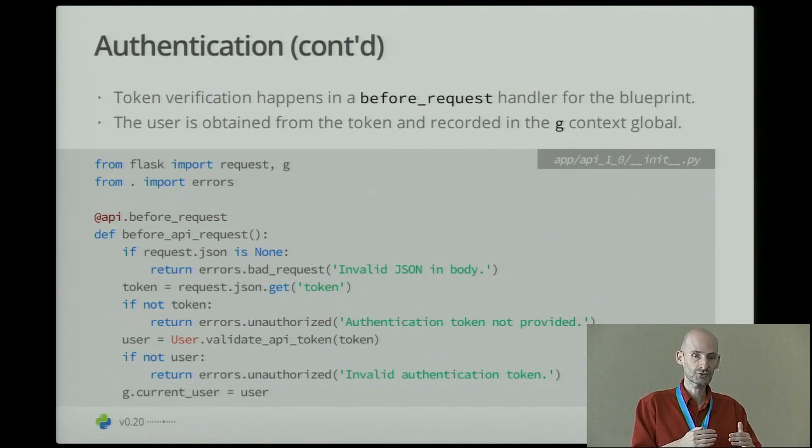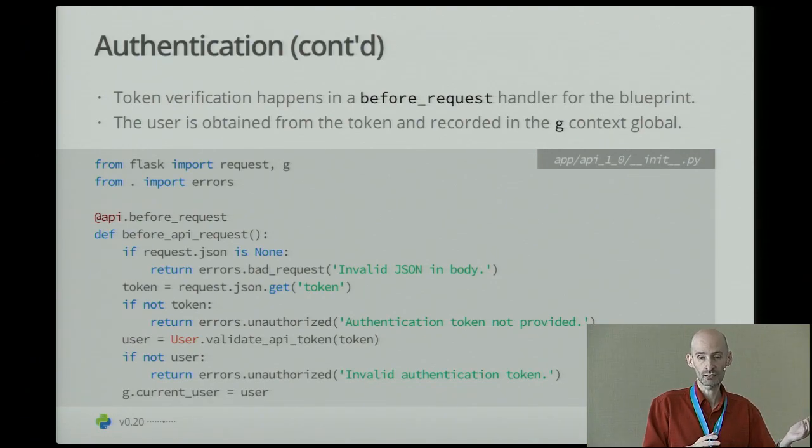You can register a function to be called before any requests in the blueprint. Since this code is common to all the functions in my API, I'm going to do it once in my before_request handler for the blueprint. And this is the implementation.